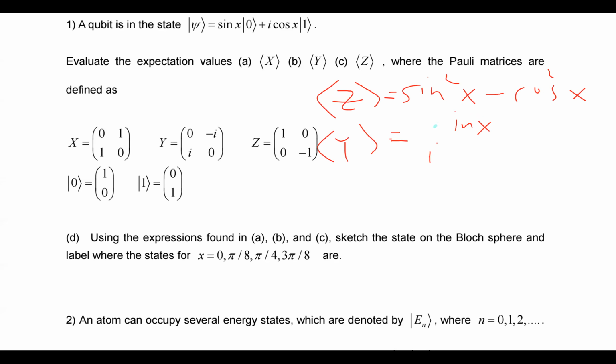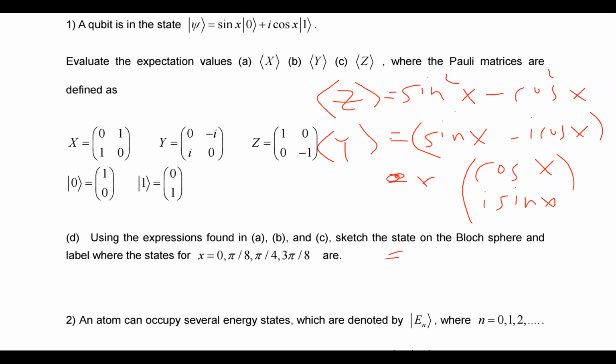So this one is sine X and minus cosine X. And then when you multiply this Y by this vector, the vector should be cosine X on the top and then I sine X on the bottom.